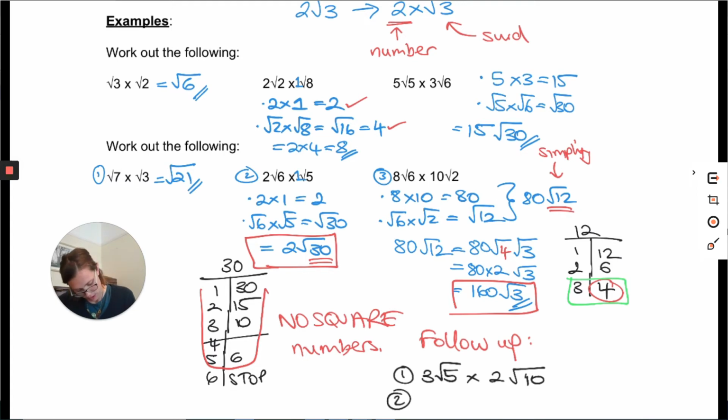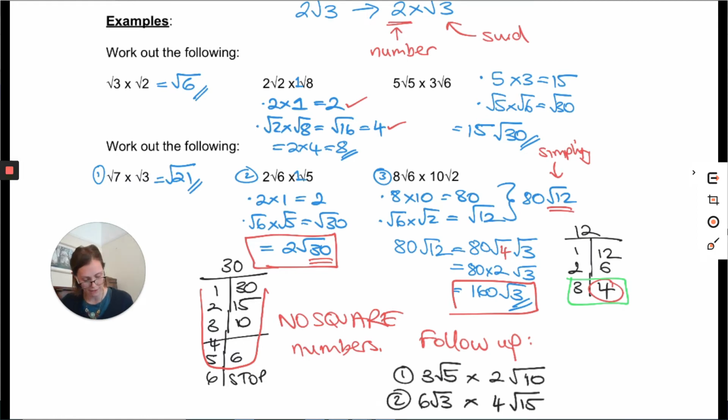Number 2, 6 root 3 times 4 root 15. Okay, so those two are straightforward surds multiplication, but when you get your final answer, you then have to also simplify the surd. So have a go at those two. Pause your screens now.